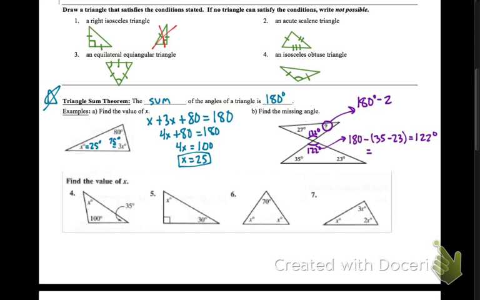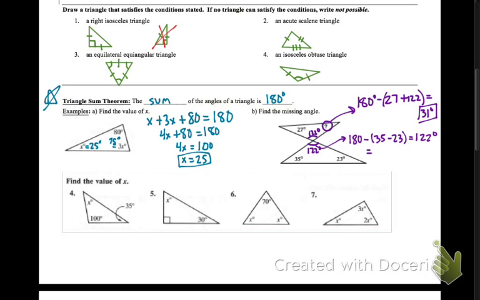So I will put the 122 here in this triangle, which means this angle is also equal to 122. Those are vertical angles, of course. And so now I can subtract these two angles, 27 and 122, from 180 to get my answer, which is 31 degrees.